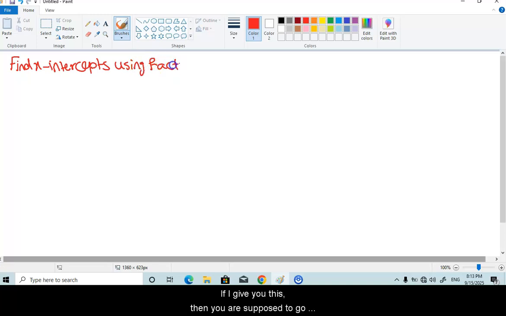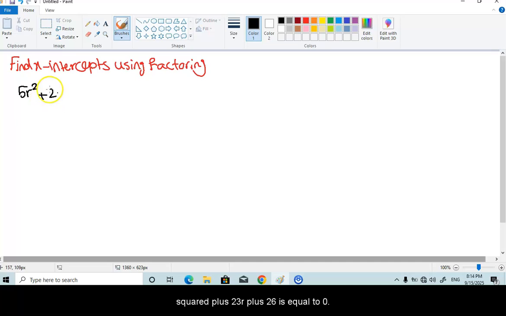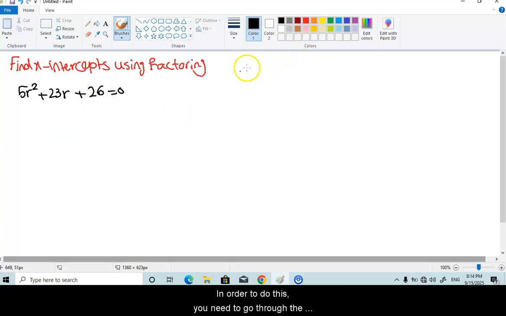If I give you this, then you are supposed to go with factoring, and it's going to be 5r squared plus 23r plus 26 is equal to 0. That's the question. In order to do this, you need to go through the process of factoring. What is the process of factoring again?